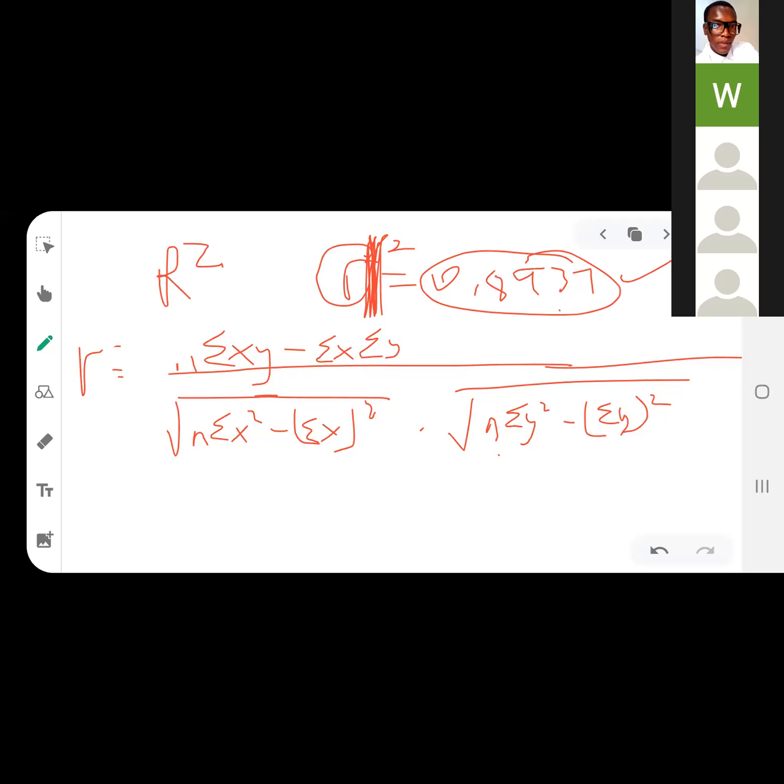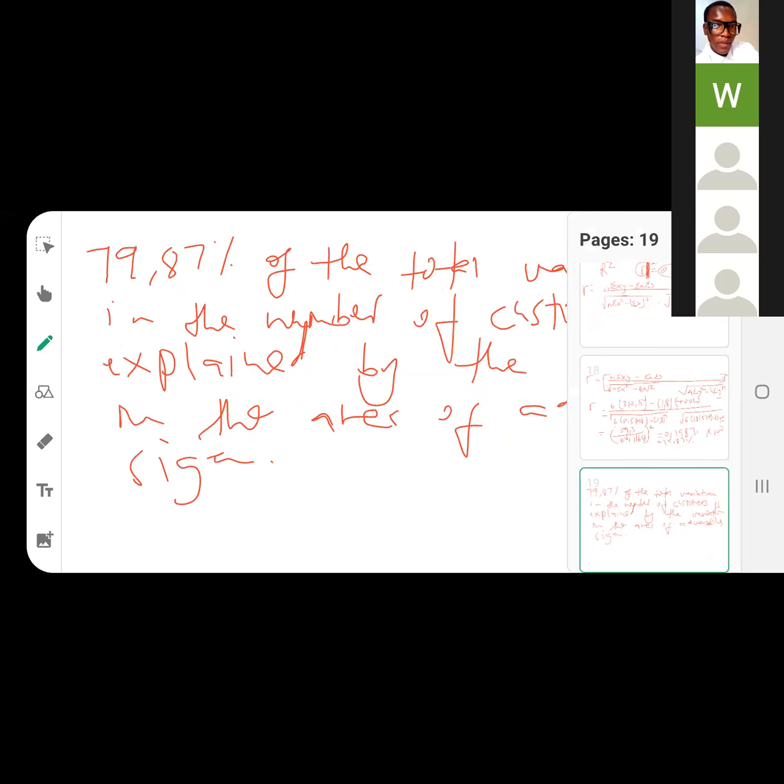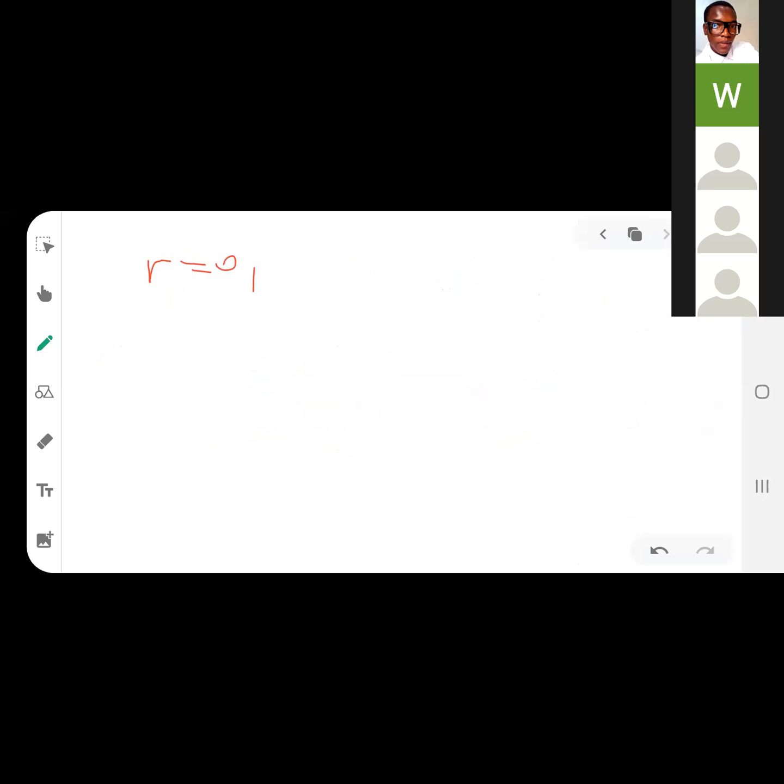Then what is the interpretation? What do you think can be the interpretation of that answer? Remember, I said you interpret in terms of positive and negative relationship, and then you also tell us whether it's a weak positive or a weak negative, a moderate negative or a moderate positive, a strong positive or a strong negative.